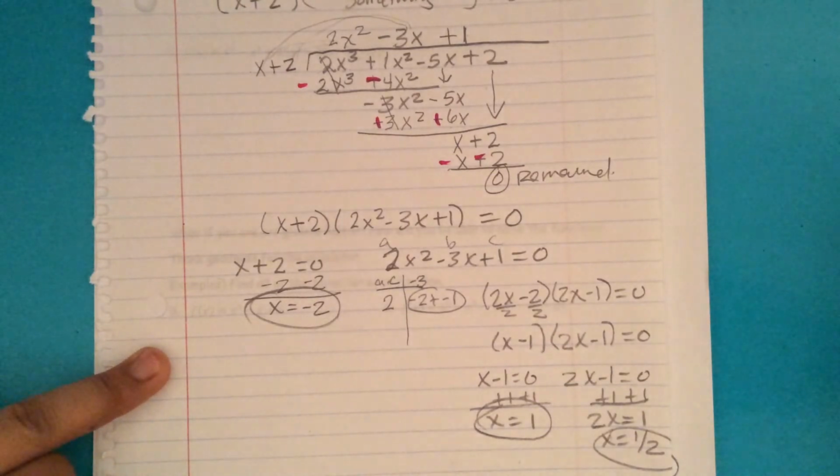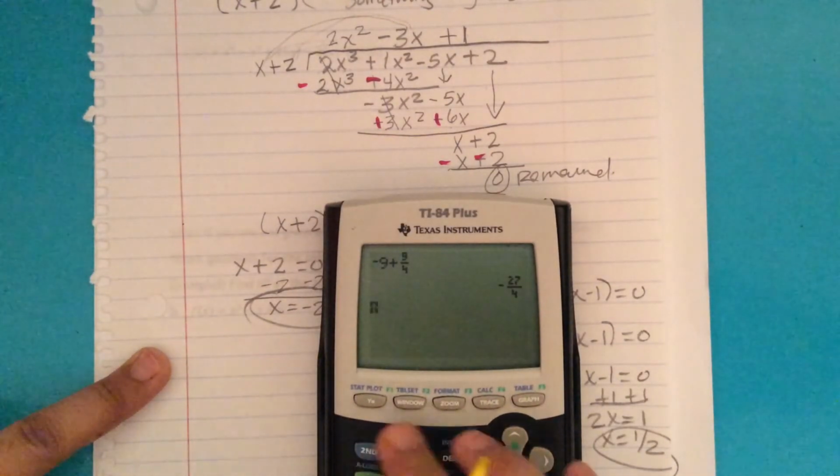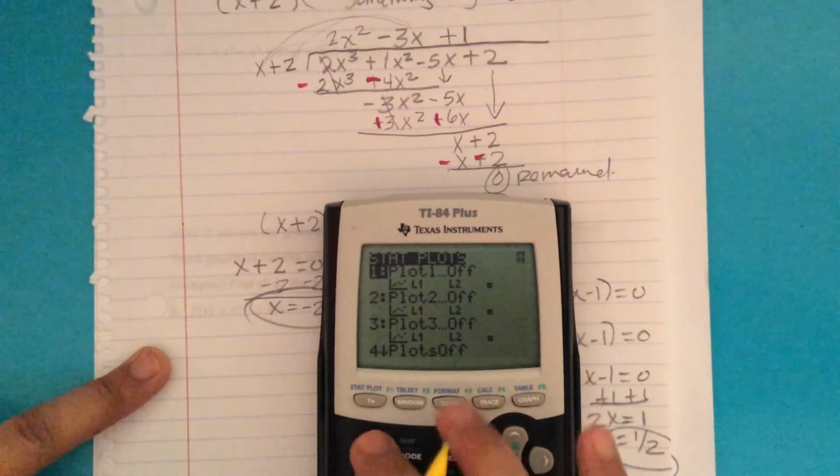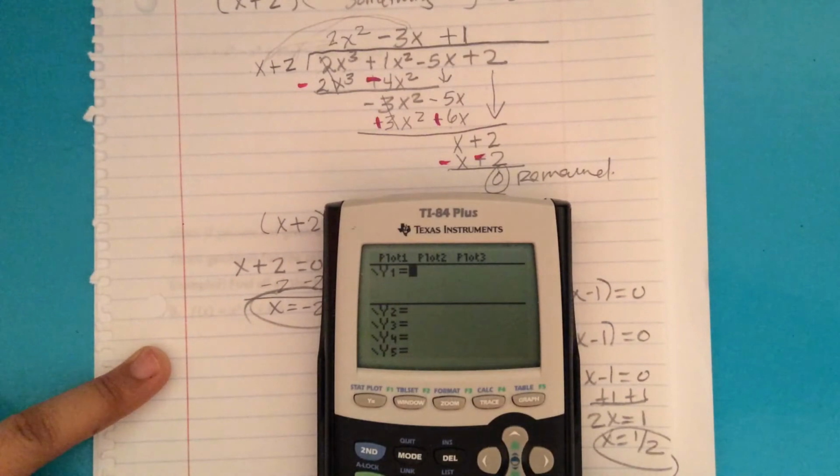So that means that if we were to graph this function, you're going to see them on the calculator. If you go to y equals, and I graph this function, so we're going to do 2x cubed plus x squared minus 5x plus 2.